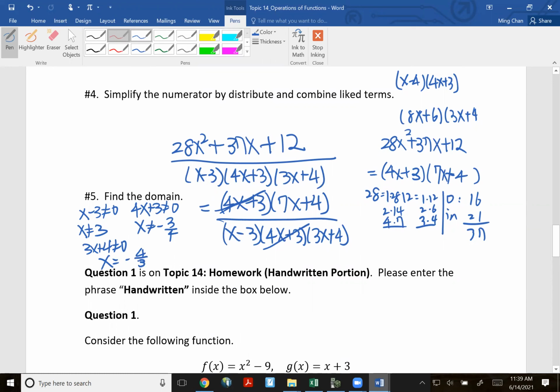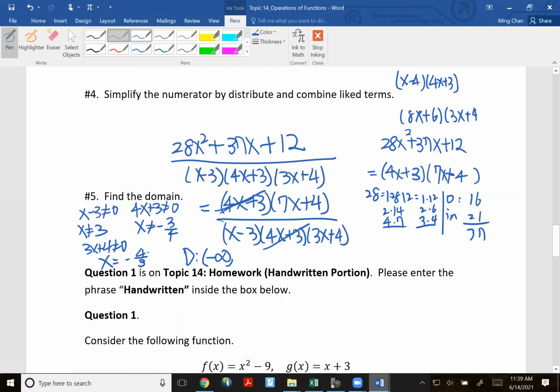All right, negative 4 over 3 is actually smaller than negative 3/4. So in terms of domain, coming from left to right, if you graph this rational function, it will be from negative infinity all the way to negative 4 over 3. That's where the hole occurs. Excuse me, negative 3 over 4 is where the hole occurs.